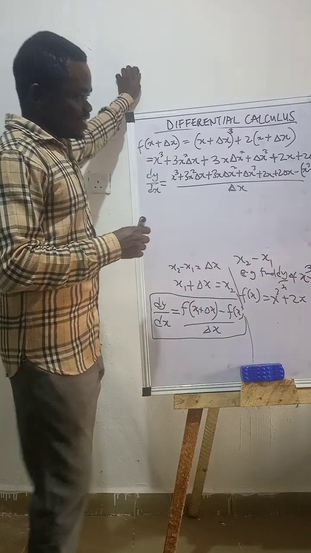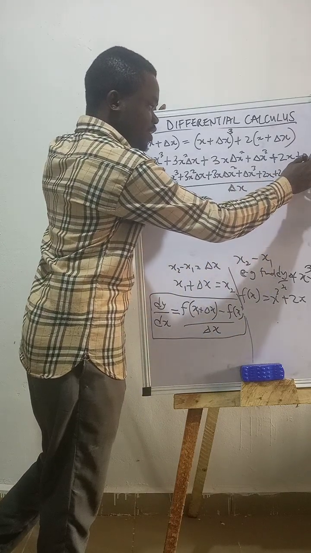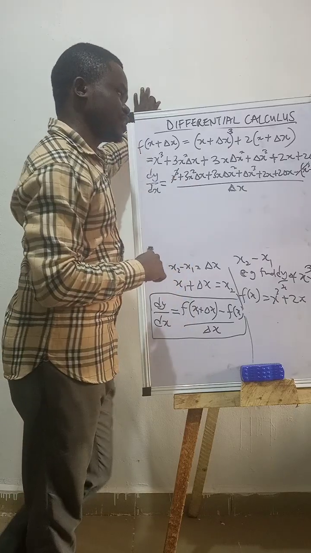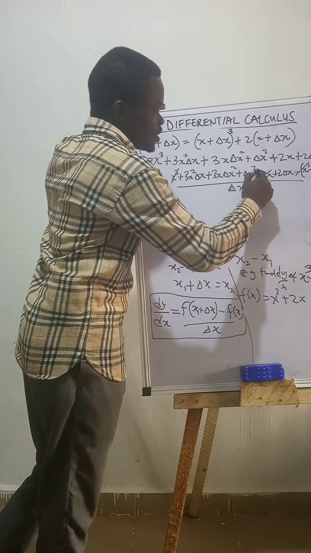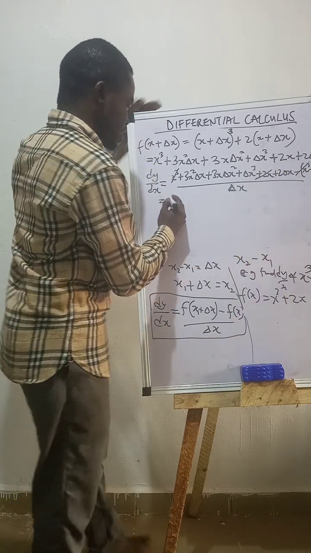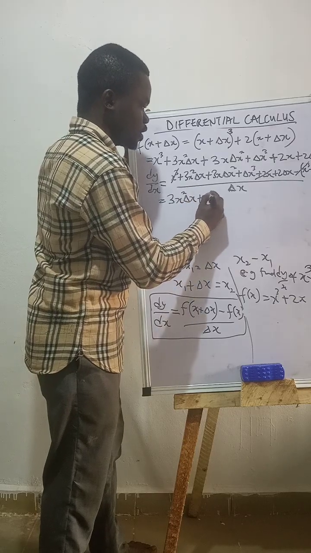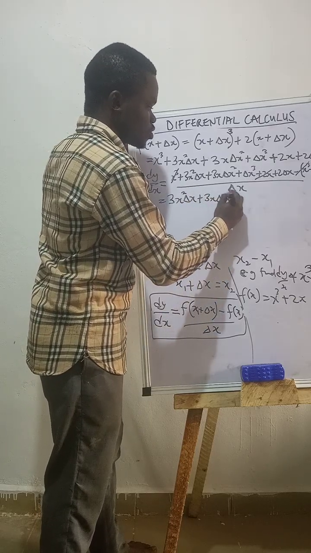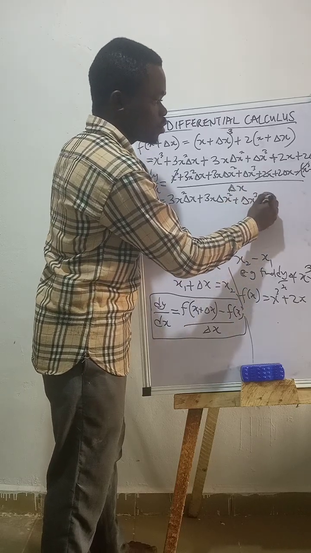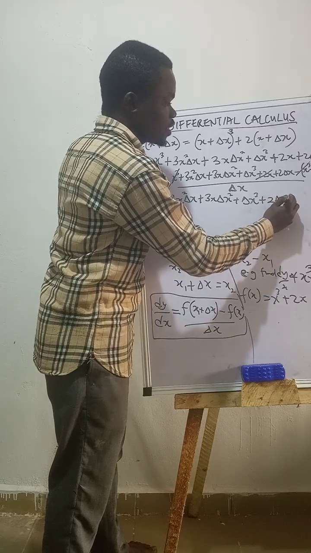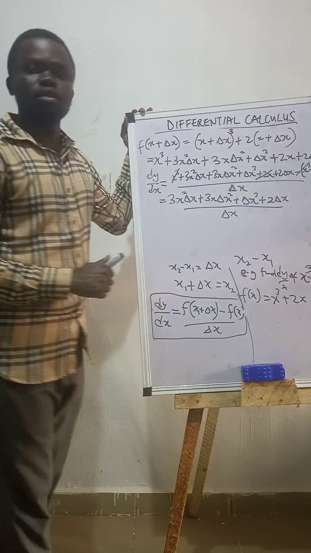Now, opening up the bracket, what is clear is that this x³ cancels this x³. Is that awesome? And this 2x cancels this 2x. So what are we now left with? We are left with 3x² changing x plus 3x changing x squared plus changing x cubed, plus 2 changing x, all over changing x.